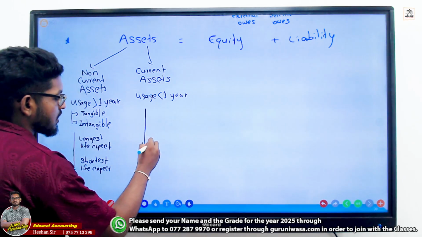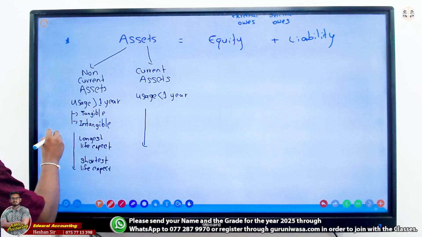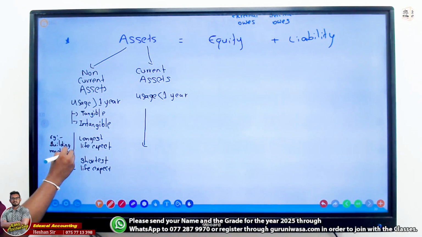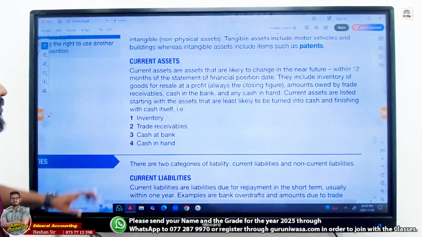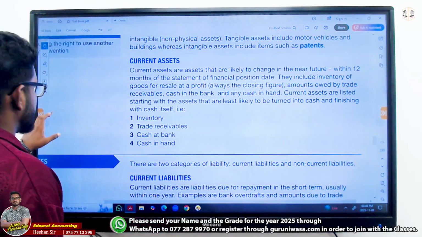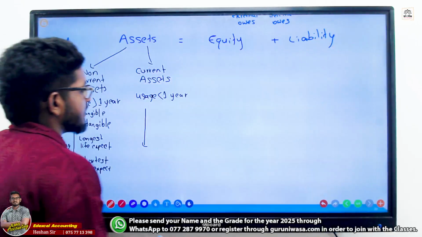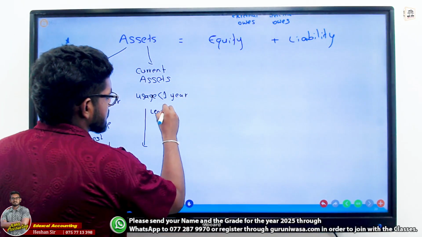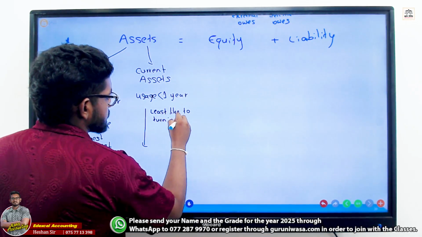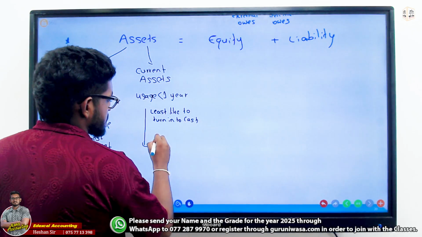When we present this, for an example, first we take building, then machinery, motor vehicle. Here we present current assets, least likely to be turned into cash first, then after that cash.